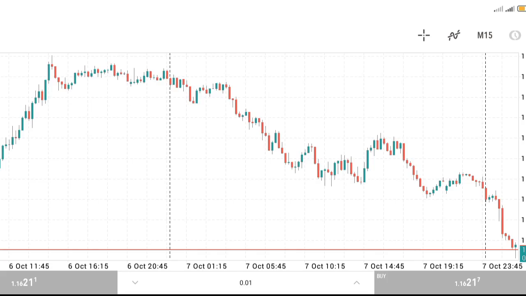Now, I want us to understand that support and resistance is a different ball game from supply and demand. Support and resistance is a zone on its own, while demand and supply is the effect of price.